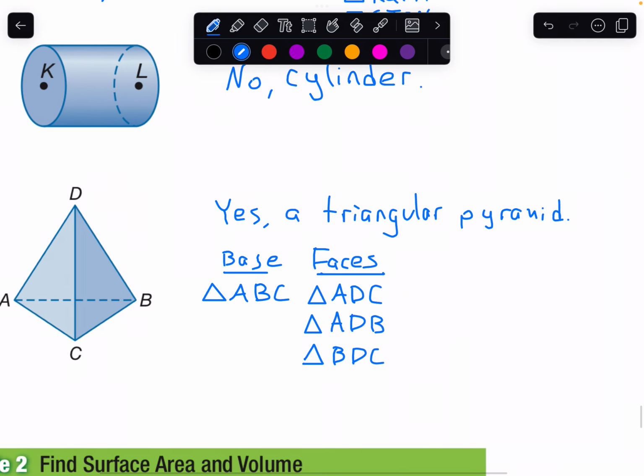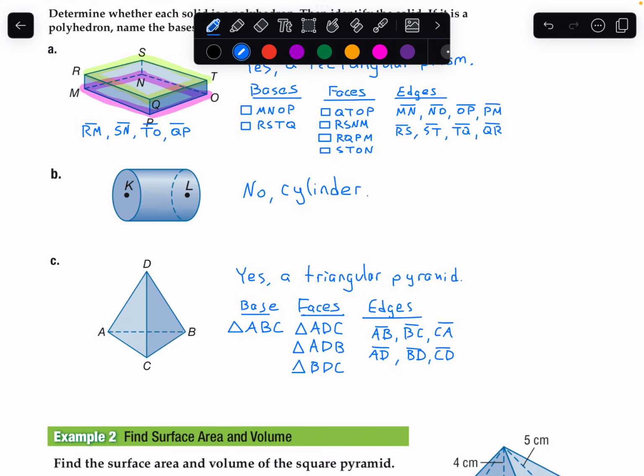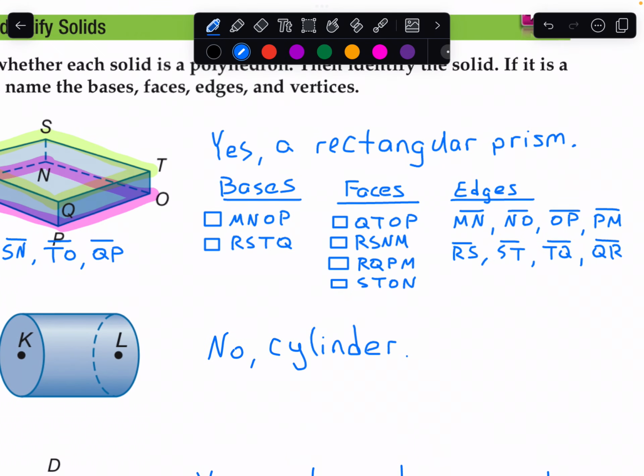Sure. And edges. We have segment AB, segment BC, and segment CA, and then all up to apex D there. So AD, BD, and CD. Okay. Oh, we didn't actually list the vertices, so sorry about that.